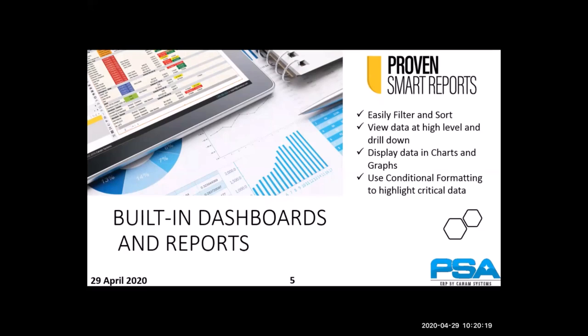You can have charts or graphs set up on your screen, and some really interesting conditional formatting that can be added to have a highlighting effect, or to point out possibly some critical data that needs to be addressed. So we're going to open up and take a look at Smart Reporting now.